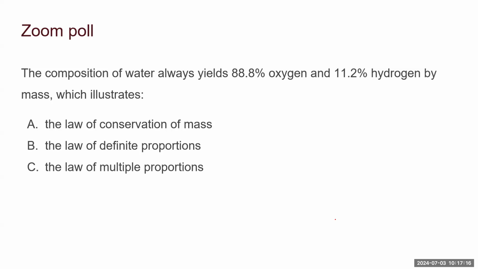Woo! So this is saying that water is always going to have that specific ratio. It's going to be 88.8% by mass oxygen and 11.2% by mass hydrogen. Whenever I see definite, I always think of definition. Like this is defining what water is.